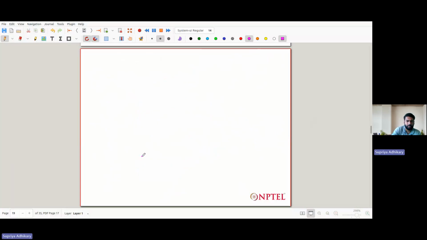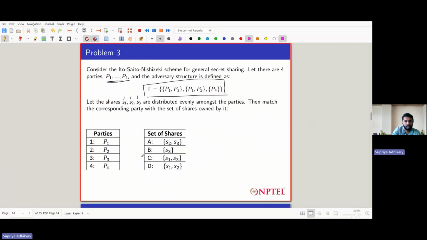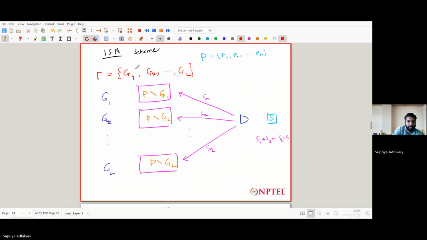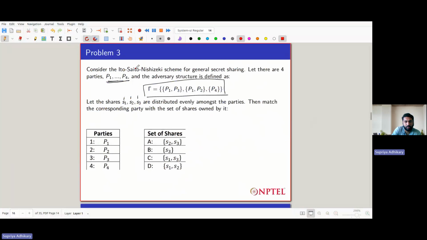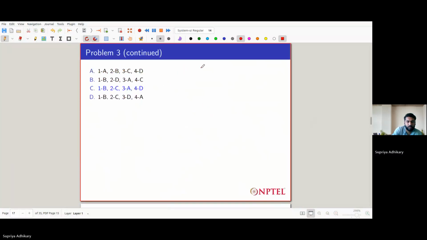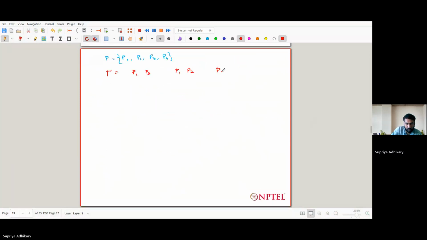So now in the example that we have given, the set of parties P is given by P1, P2, P3, P4. Gamma is given by {P1, P3}, {P1, P2}, and {P4}. So this is our gamma.